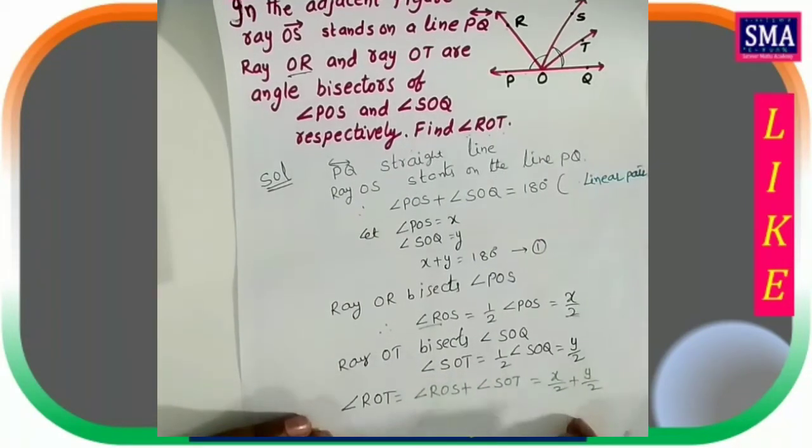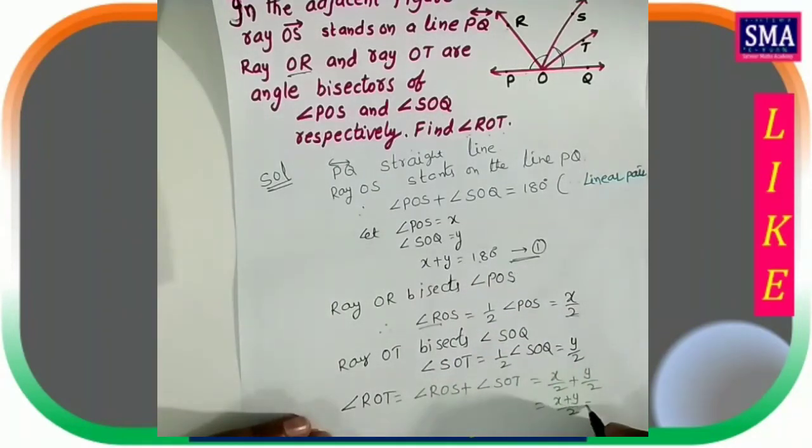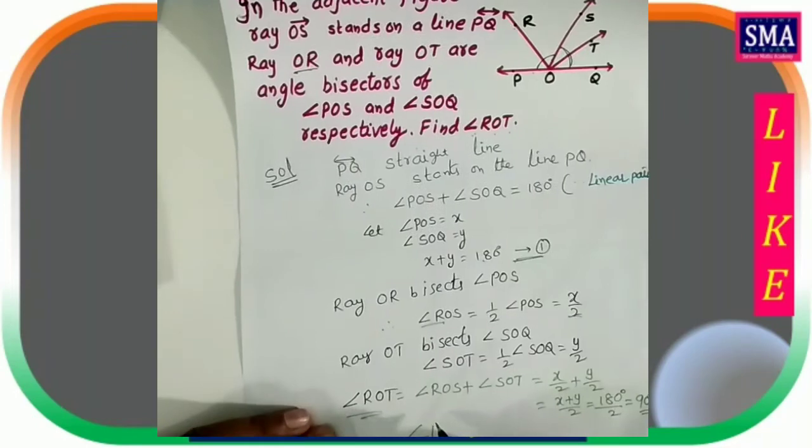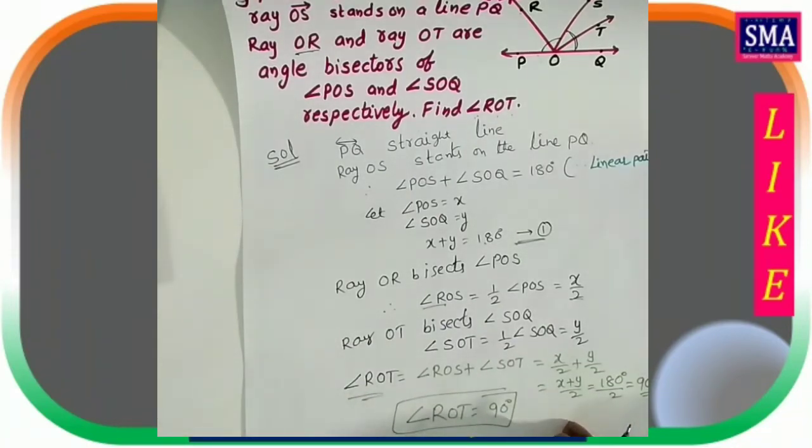So X by 2 plus Y by 2 equal to (X plus Y) by 2. From equation 1, X plus Y equal to 180 degrees. 180 degrees by 2 equal to 90 degrees. Therefore, angle ROT equal to 90 degrees.